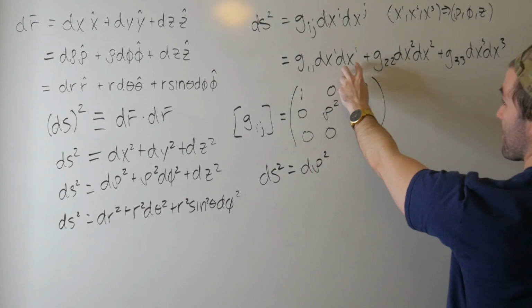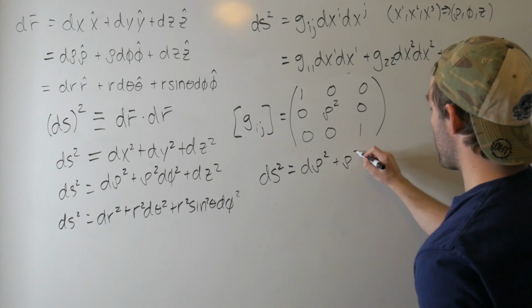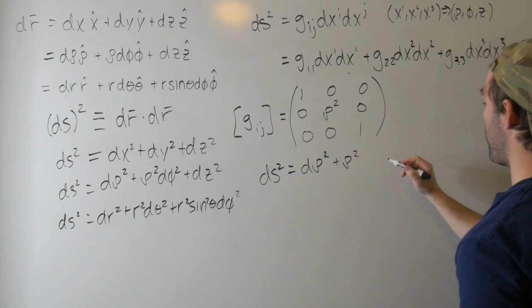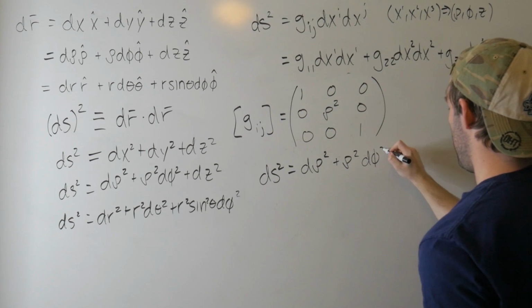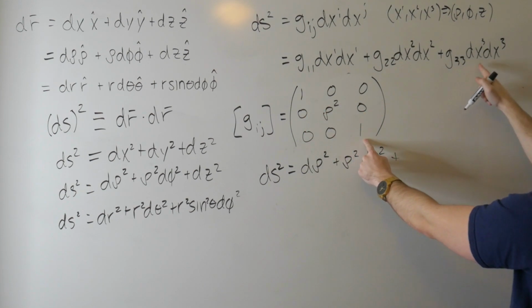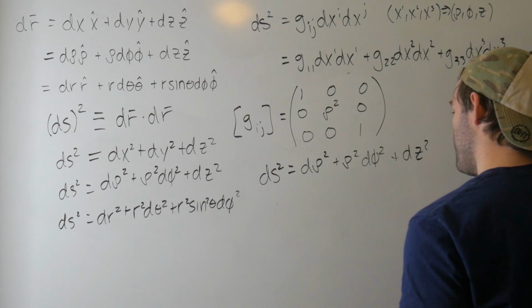And then we've got dx2 squared times rho squared, so we get plus rho squared d phi squared, plus g33, which is 1, times dx3 squared, so that's dz squared. Awesome. So it's working out.